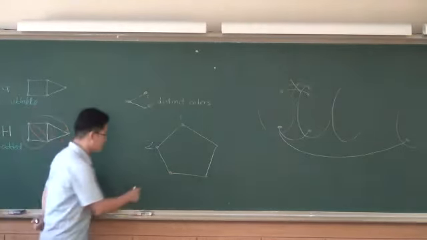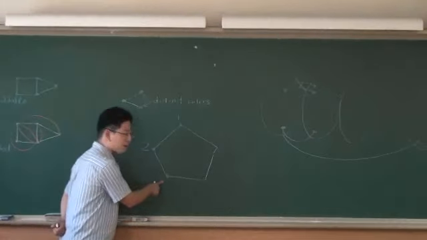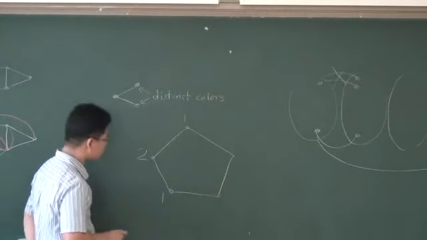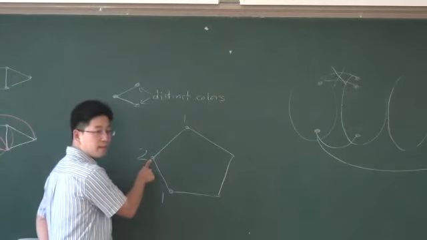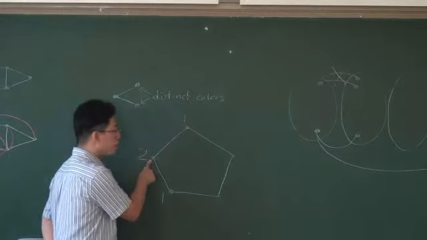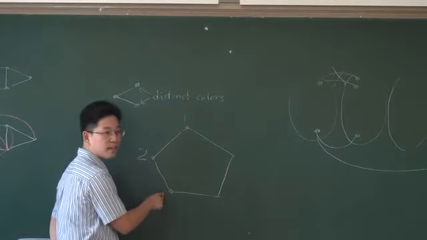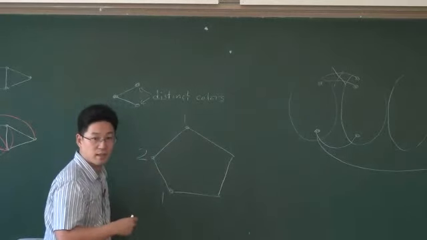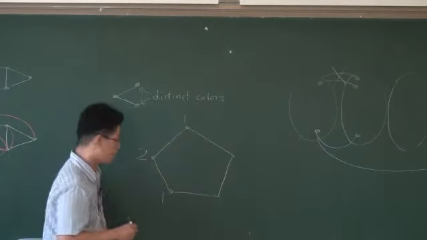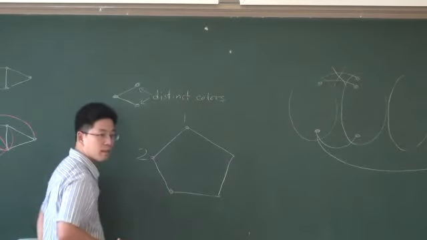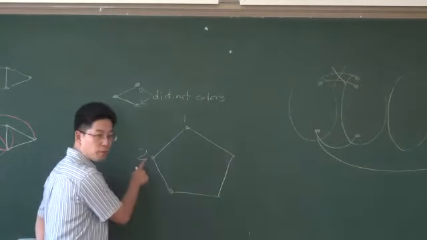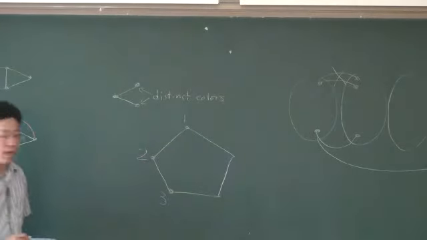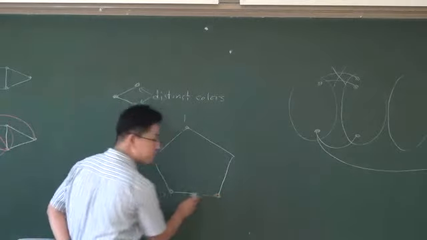First, we want to give 1 for this vertex, but that is not good, because if we give 1 for this vertex, then this vertex will have 2 neighbors which have the same color, right? Which is not good in view of dynamic coloring. So this should not be 1. Also, this should not be 2 for a proper coloring. So this should be a new color 3. And what about the color of this?